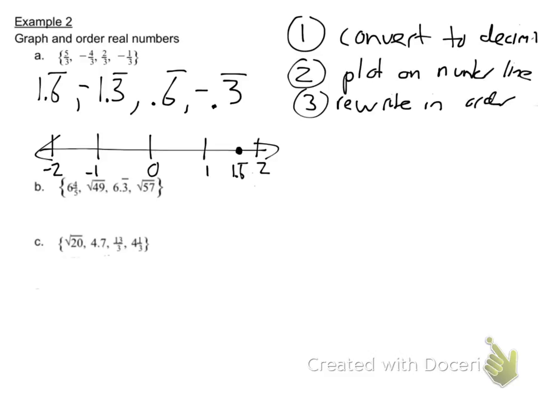-1.3. -1.3 is going past -1, but am I going more than halfway or less than halfway to -2, sorry. 1.3 is less than halfway, so I'm probably going to be somewhere about here, about a third of the way. And this becomes -1.3.